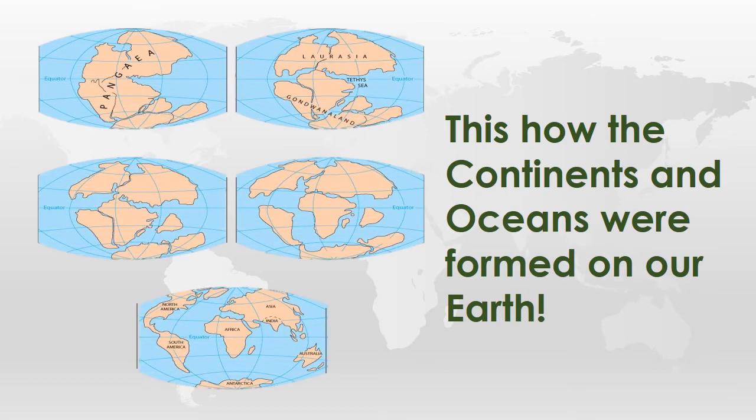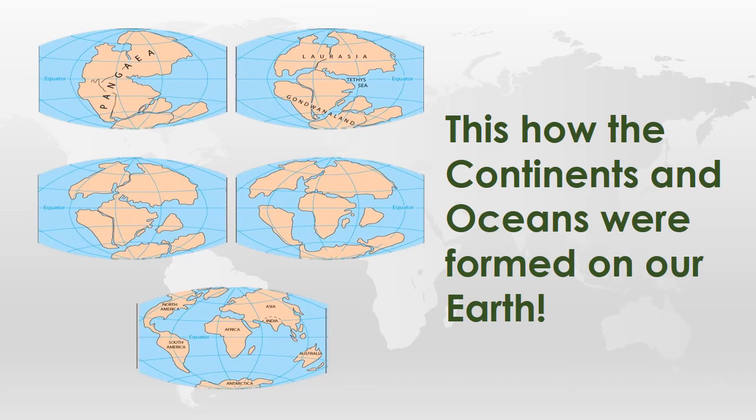So let's now see how our continents and oceans were formed. Let's revise. Earlier it was a big land piece. Look at the first picture. And a big water body. The big land piece was called Pangaea and the big water body was called Panthalassa. Then look at the second picture. Slowly it started breaking up and then slowly they took their shape of the continents and slowly they drifted more, and in the last picture we can see the earth like it is right now.